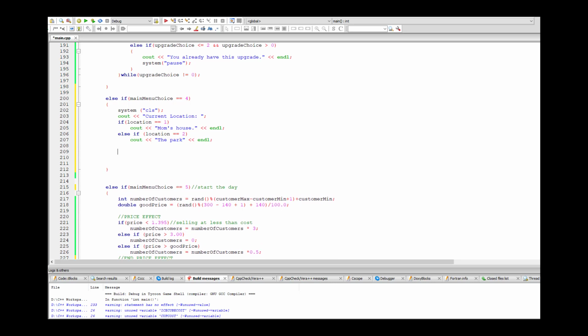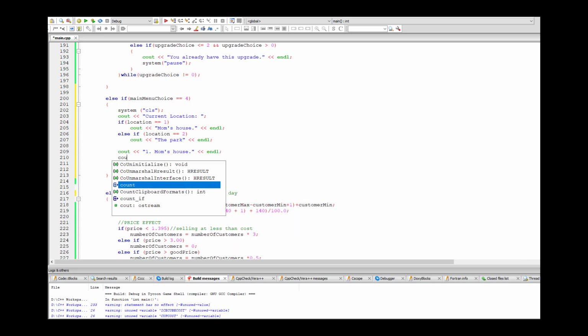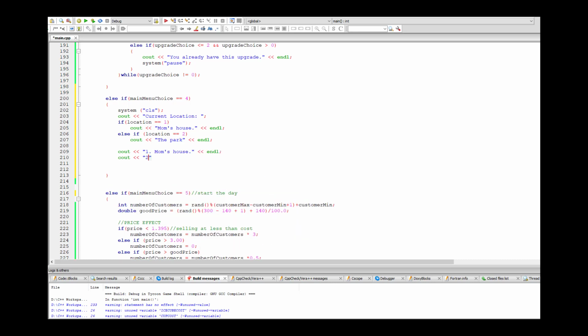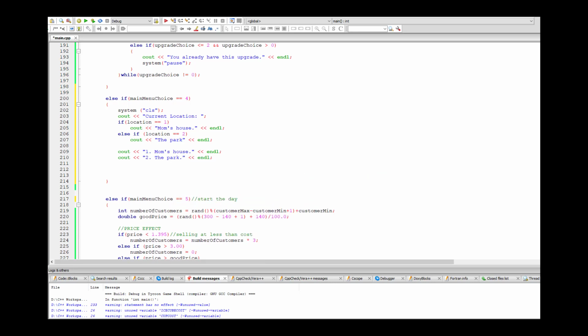What we will do is have our location menu, so cout 1 mom's house, end line, cout 2 the park, end line.